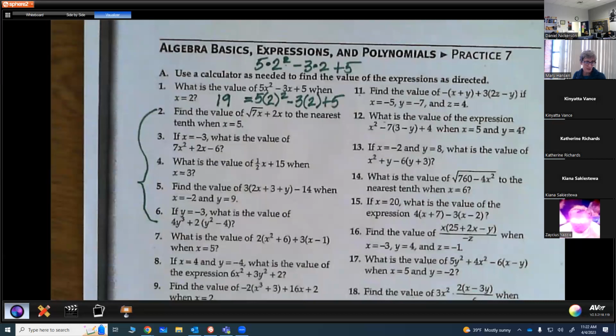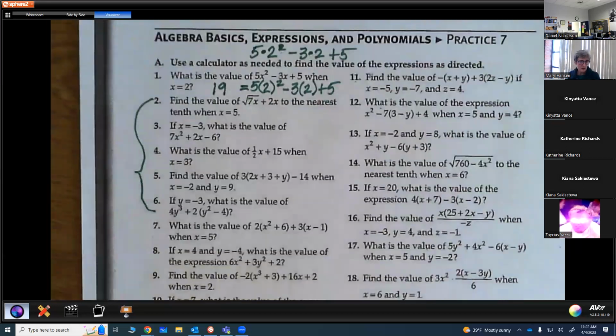If you have some extra time, you can try them by hand. We'll take about maybe 10 minutes to work those 5 problems, and then we'll come back together and chat about it.